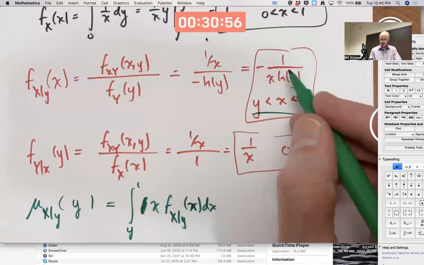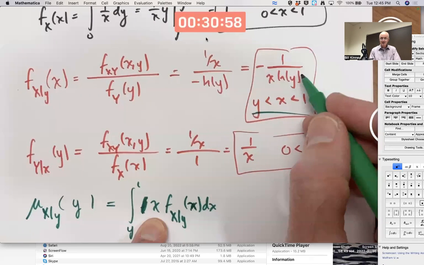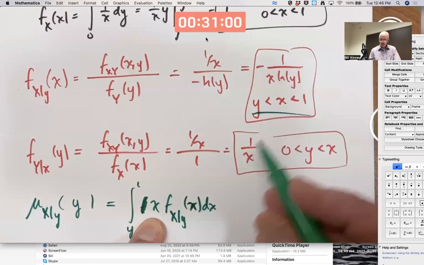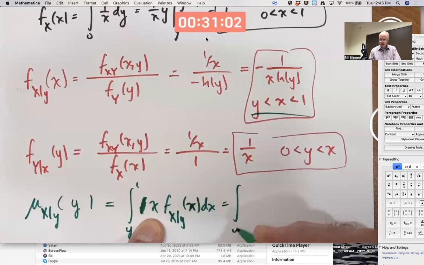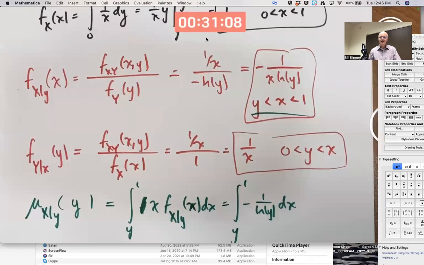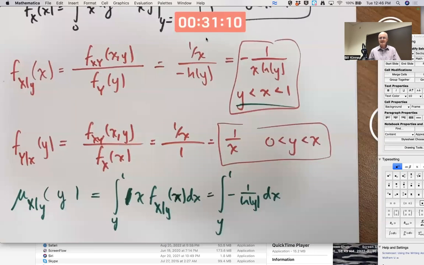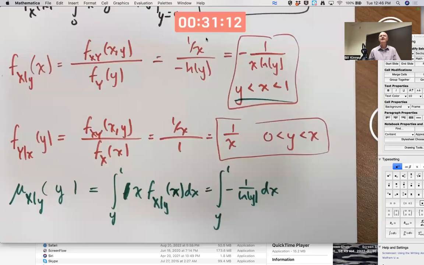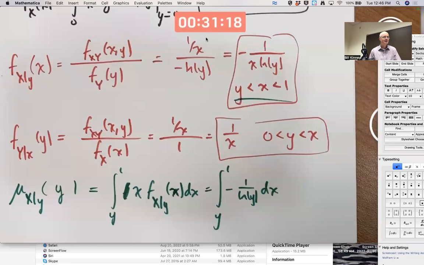If I multiply this X times this, the X's are going to cancel. I'm ultimately going to get the integral from Y to 1 of negative 1 over natural log of Y dx. Now that doesn't look easy until you realize, hey, Y is a constant. So natural log of Y is a constant, and negative 1 over natural log of Y is a constant. I'm just integrating a constant there.